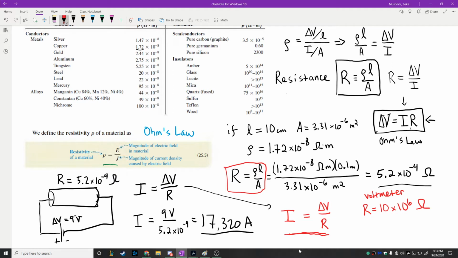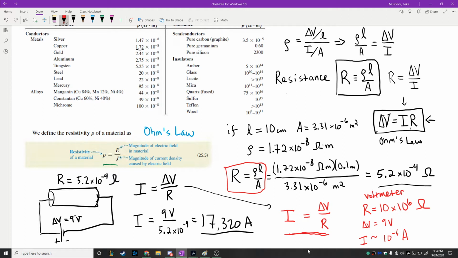If I used delta V equal to 9 volts, the current would be on the order of 10 to the negative 6 amps, microamps. A very small amount of current would actually flow through the voltmeter.